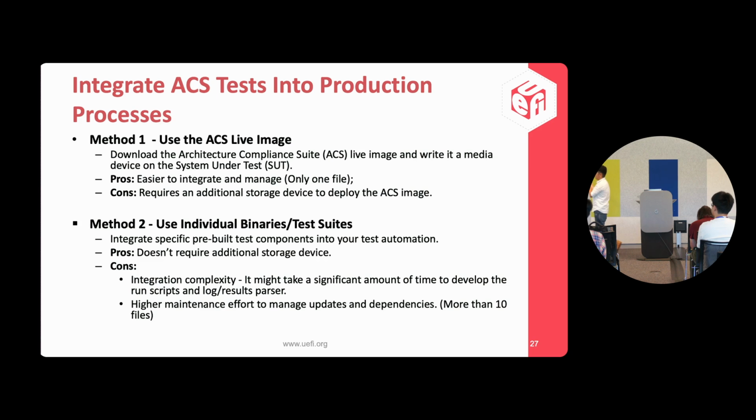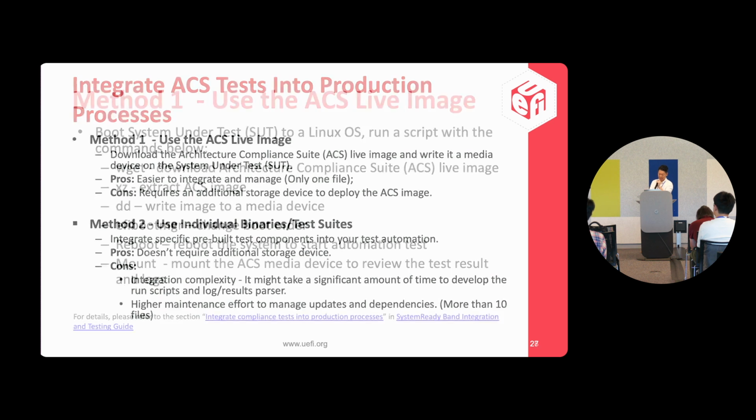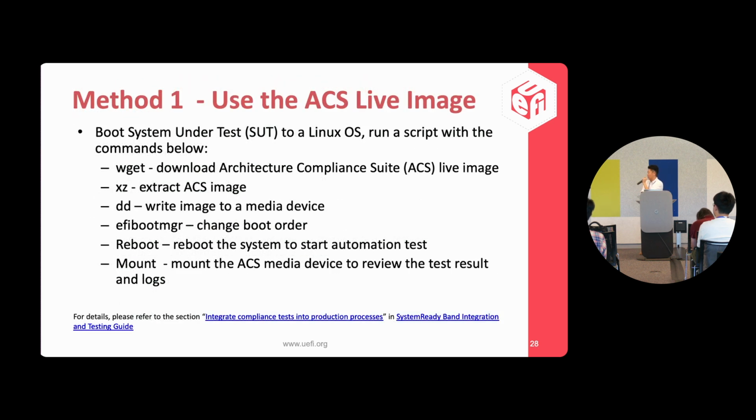Or you can go with method two, to integrate individual test suites like BSA, SBSA, FWTS, and SCT individually into your test process. Yeah, this is the details about what commands you can use for method one if you are using a Linux OS.